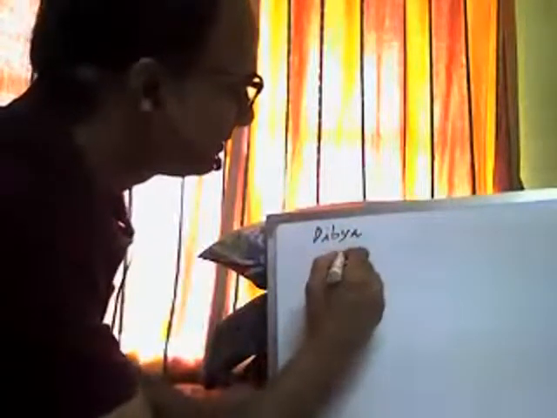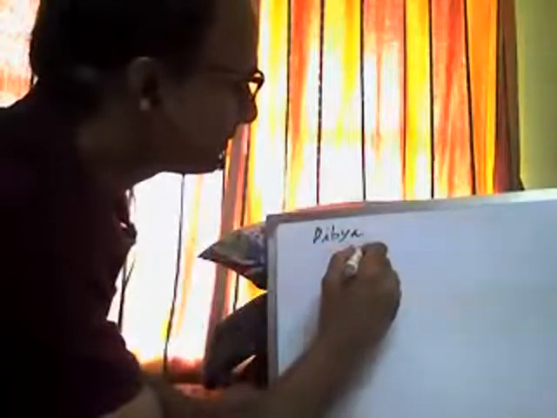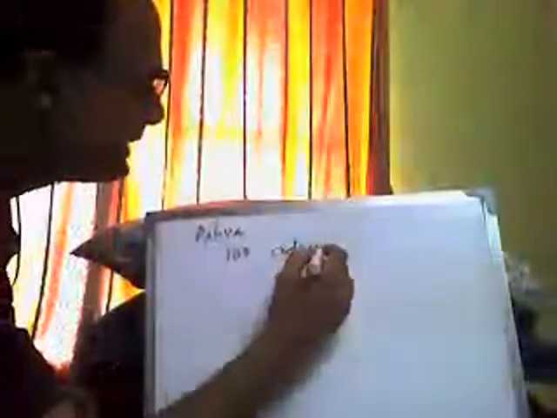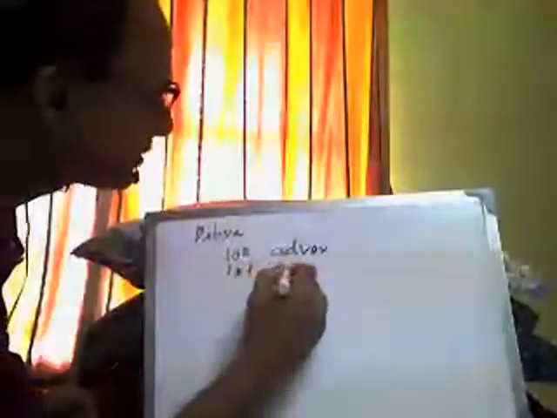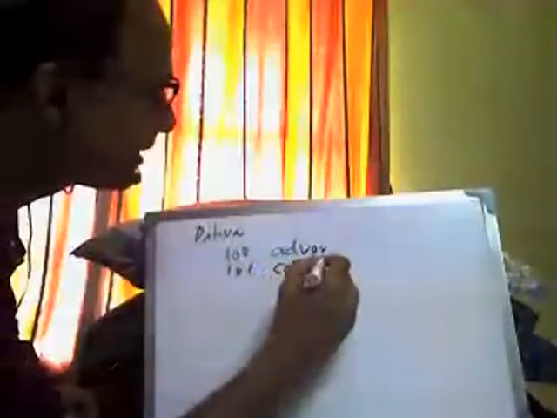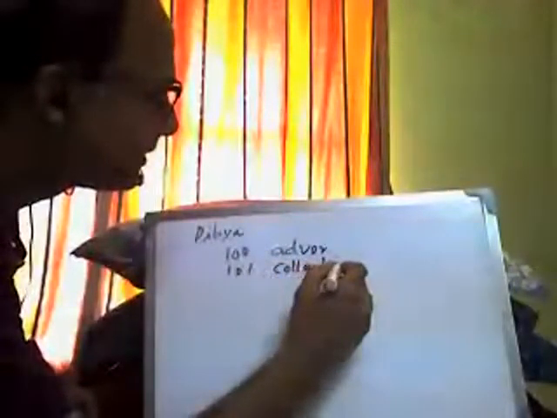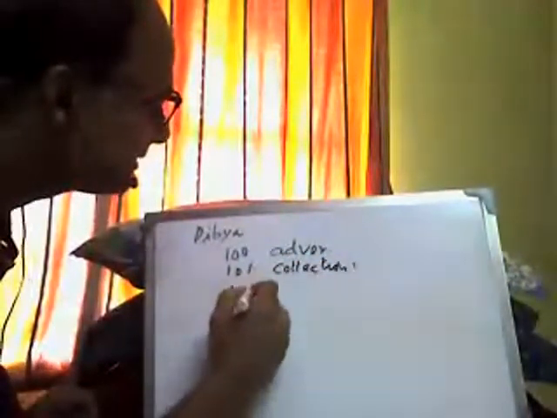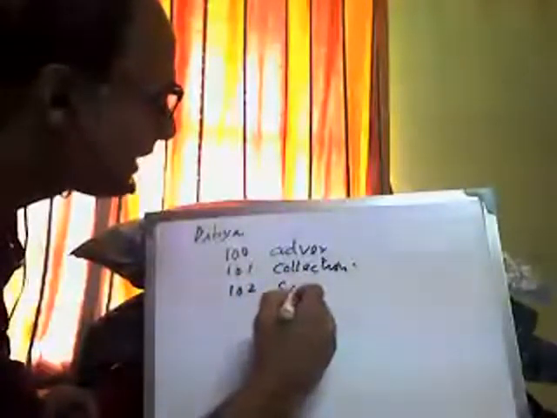Under this, see carefully. In the first step, advertisement. In the second step, collection of journal papers. The third step is calling the function Soman.